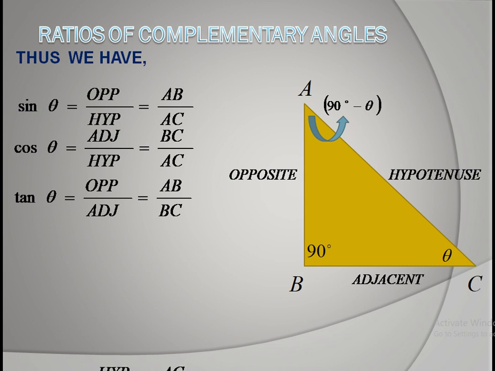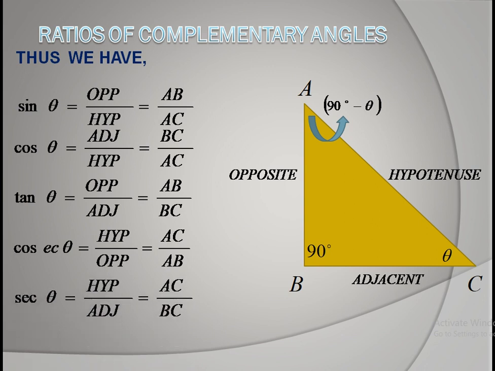Next, cosec theta. Cosec theta is equal to hypotenuse by opposite. Here the hypotenuse is AC, we see it in the figure, and the opposite side is AB. So cosec theta is equal to AC by AB.